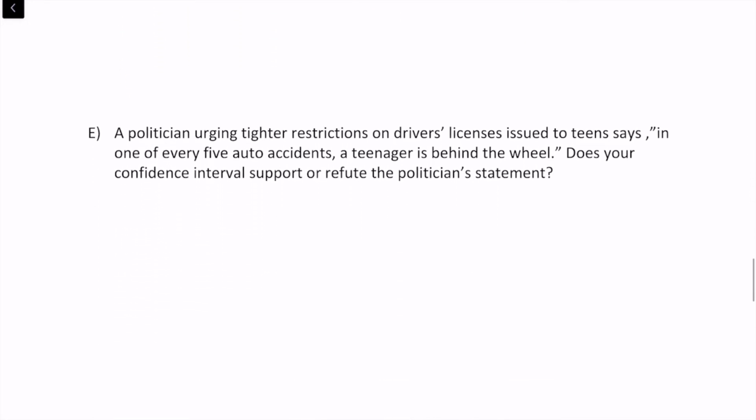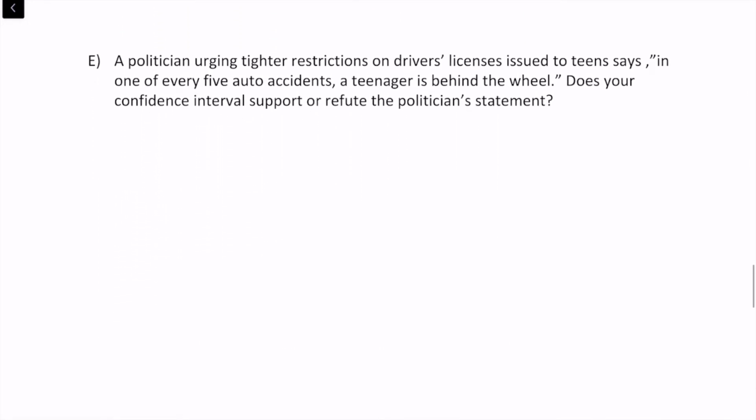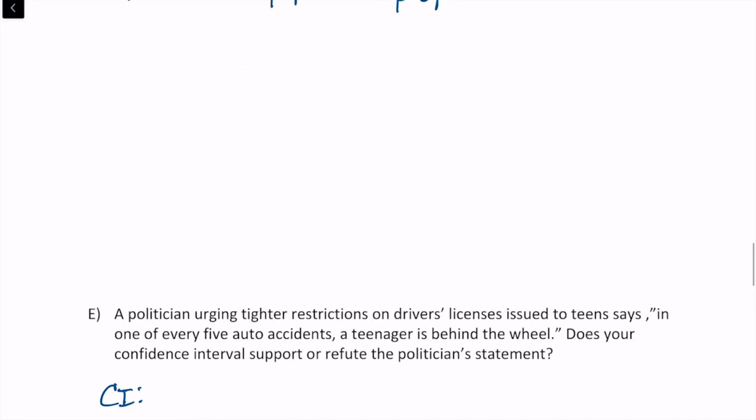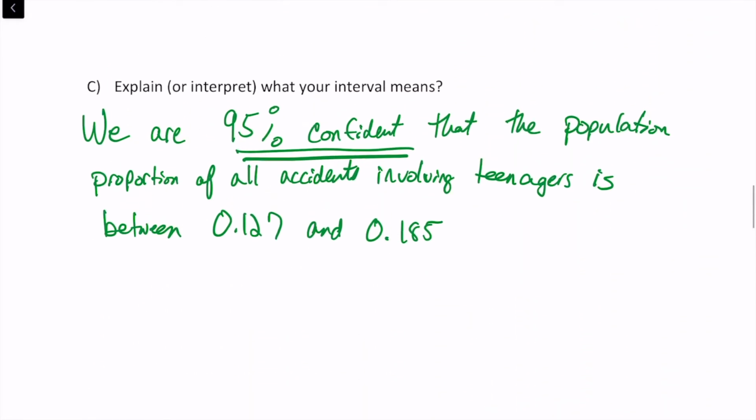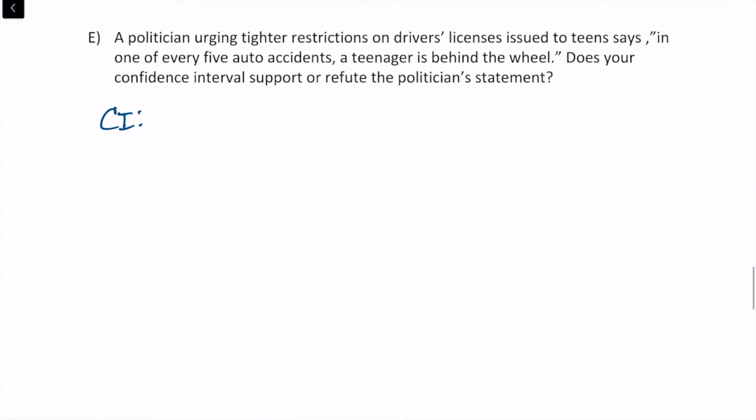All right. A politician urging tighter restrictions on driver licenses issued to teens says in 1 of every 5 auto accidents, a teenager is behind the wheel. Does your confidence interval either support or refute this politician's statement? Well, remember our confidence interval went between 0.127 and 0.185.